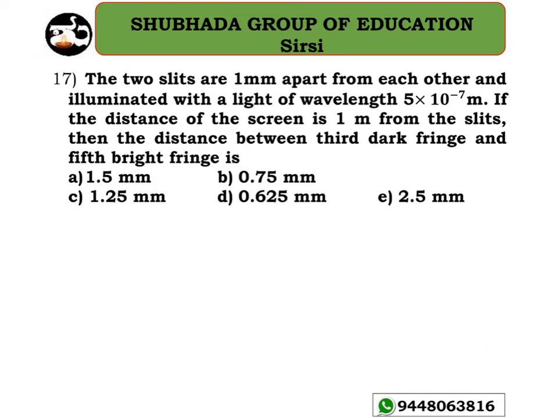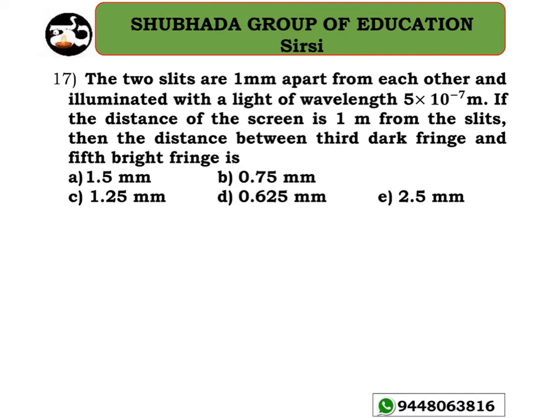Okay, the two slits are 1 millimeter apart from each other and illuminated with a light of wavelength 5 into 10 to the power of minus 7 meter. If the distance of the screen is 1 meter from the slits, then the distance between the third dark fringe and fifth bright fringe is the question.